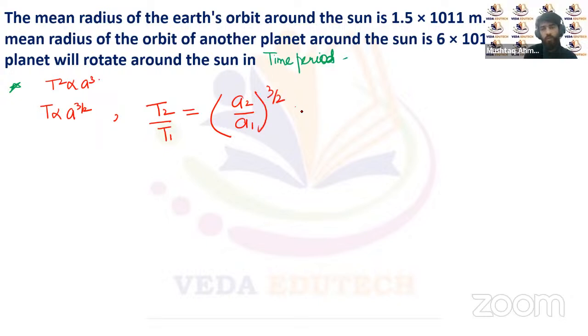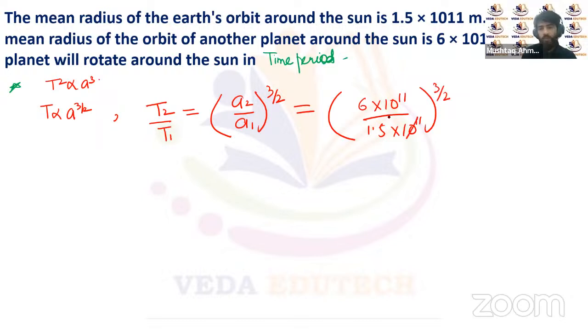The value of A2 given here is 6 into 10 to the power 11, and the value of A1 is 1.5 into 10 to the power 11, whole raised to the power 3 by 2, right?